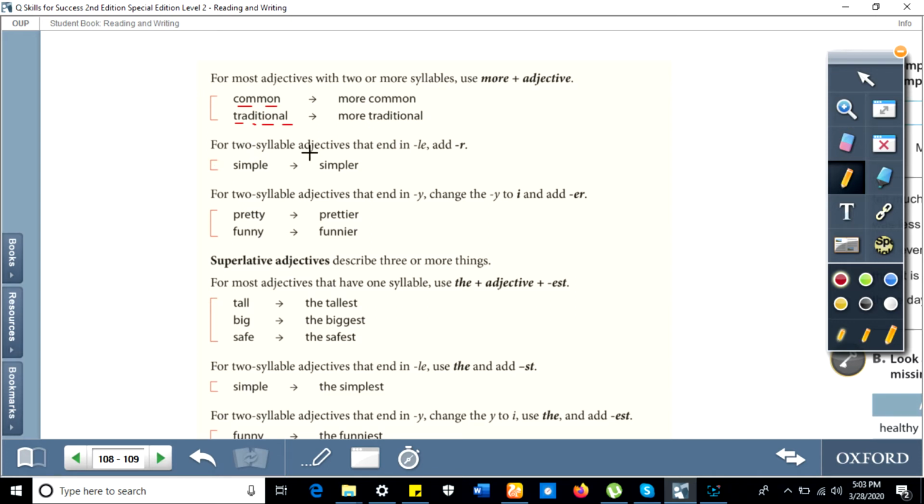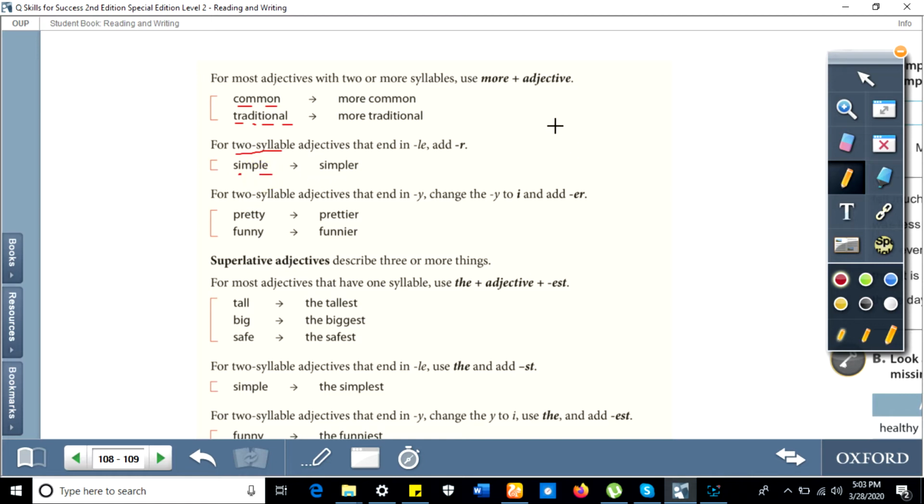For two-syllable adjectives that end in -le, add R. You see that there are two syllables here, and when we look here, we have one syllable and one syllable.